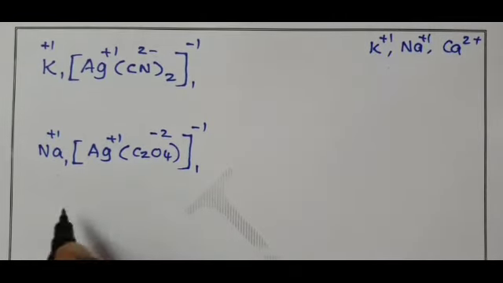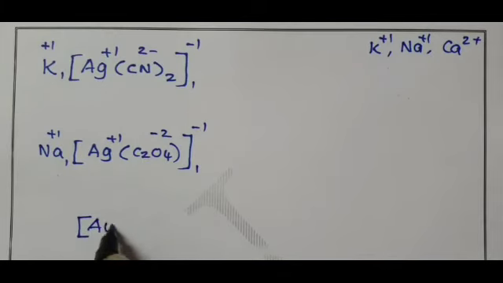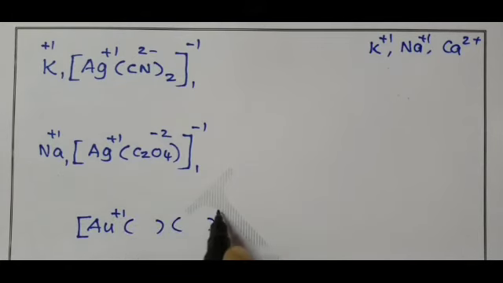Then again start with another monopositive, Au+, gold+. Coordination number 2, one negative ligand, another negative ligand you can use. One Cl and another one Br you can use.